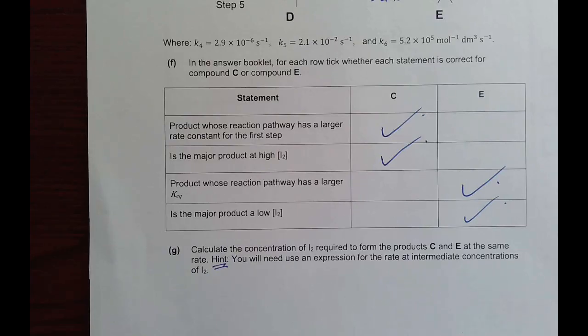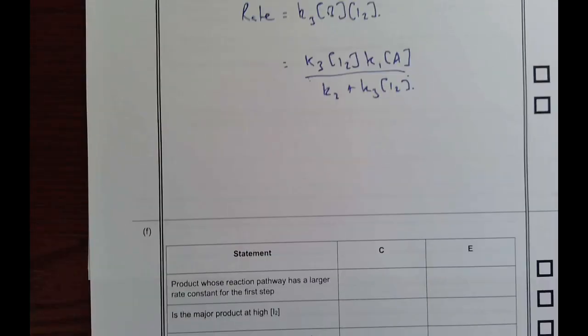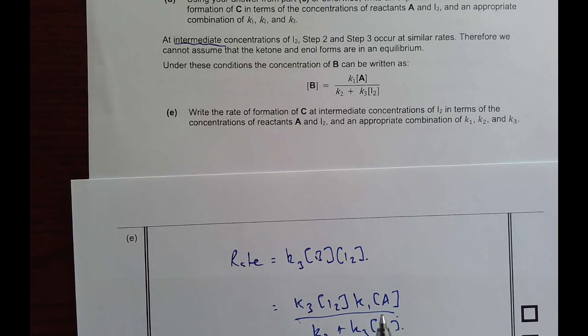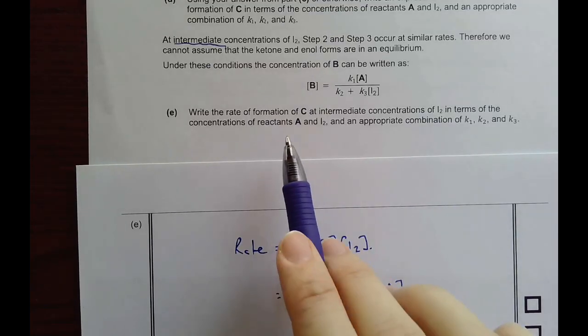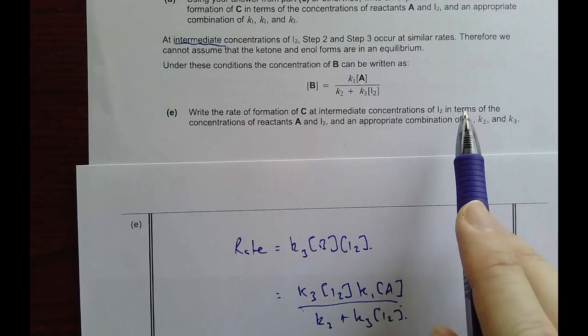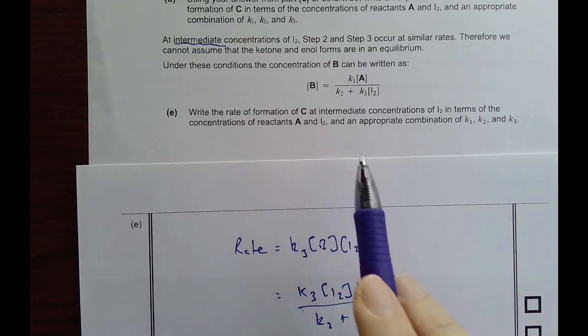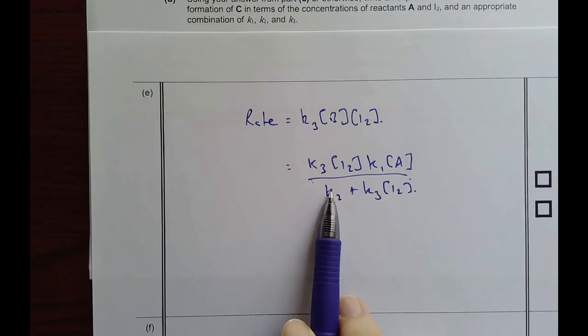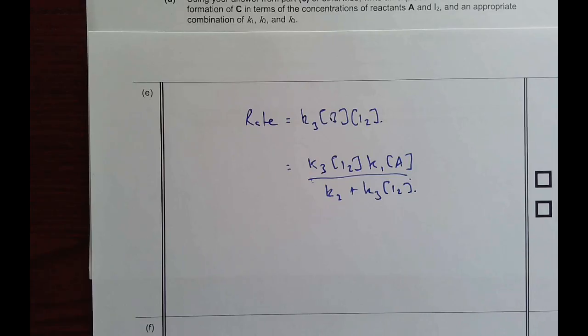Well, luckily, we have that expression because it is the answer to part E, where we were asked, write the rate of formation of C at intermediate concentrations of I2 in terms of the concentrations of A and I2. So that is our expression, all right?